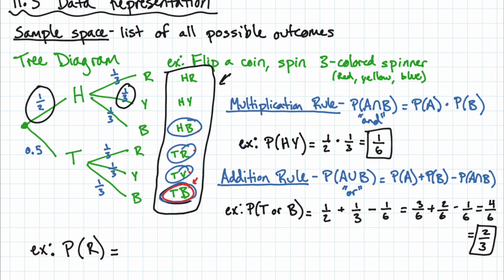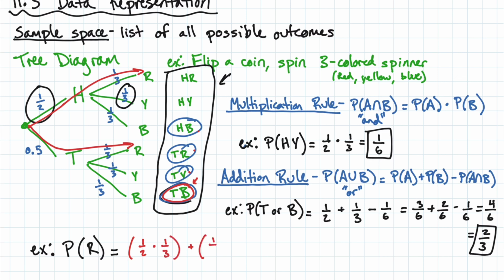Where probability of red, I know I can either go tails and then red to get to here, or I can go heads and red to get to there. And I know that following those branches, we're going to use multiplication. So the first bit, I'm going to start with the top one. I got 1/2 times 1/3.